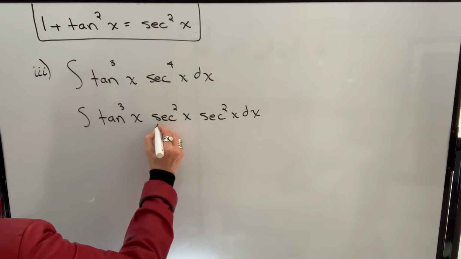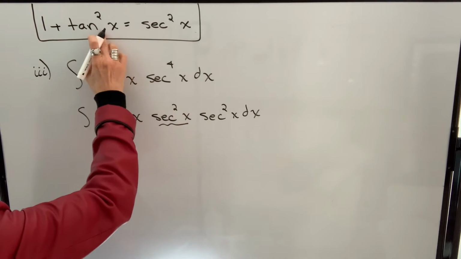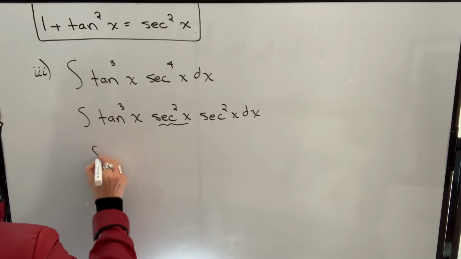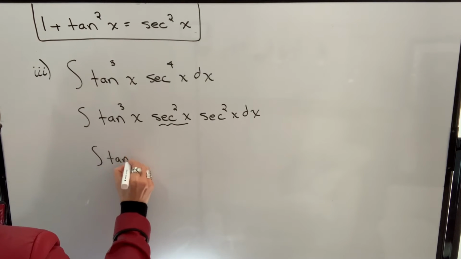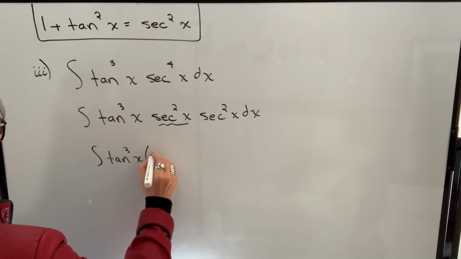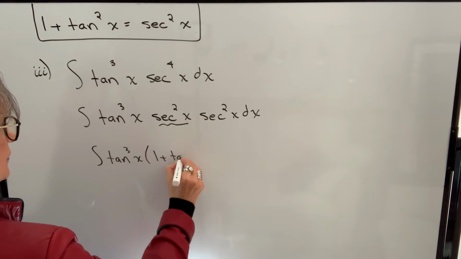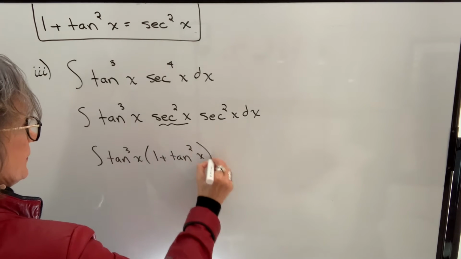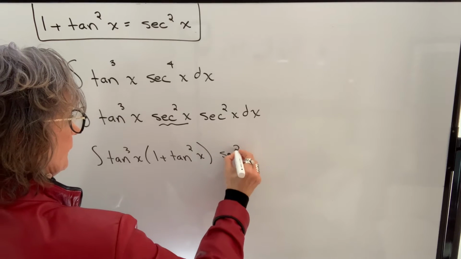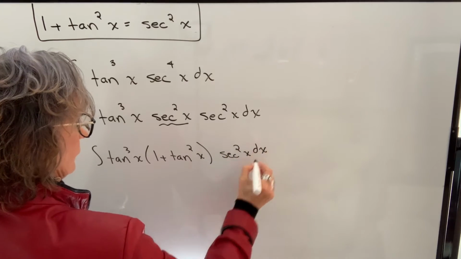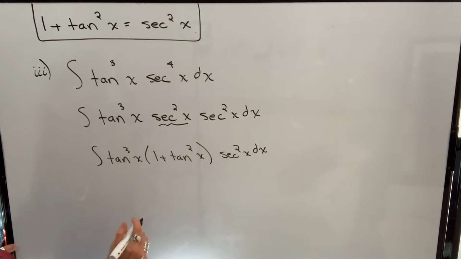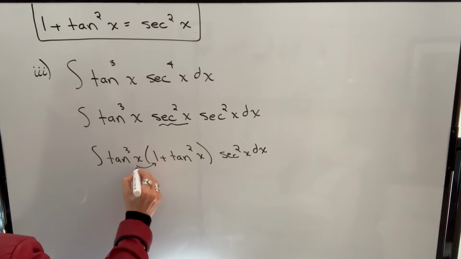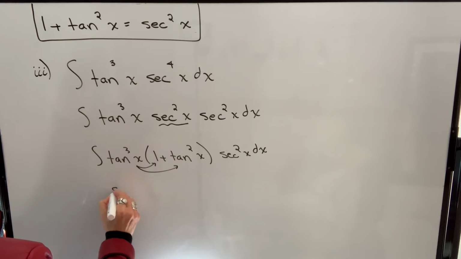Now what I'm going to do is replace this using my Pythagorean identity. So that will be 1 plus tangent squared x. Then what I'm going to do is distribute tangent cubed to each of those terms.